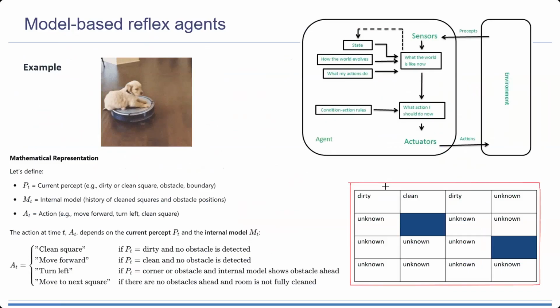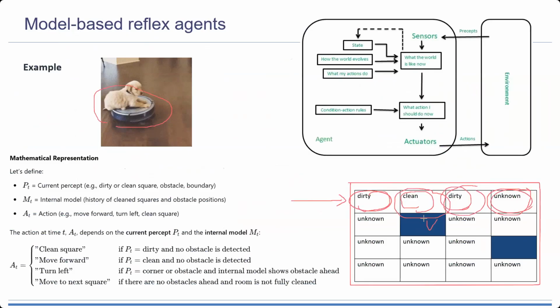This square has dirt, or dirty. This square is clean. This square is dirty. This square is unknown. And we can figure out how the vacuum cleaner can run from this square to this square to this square and to this square.